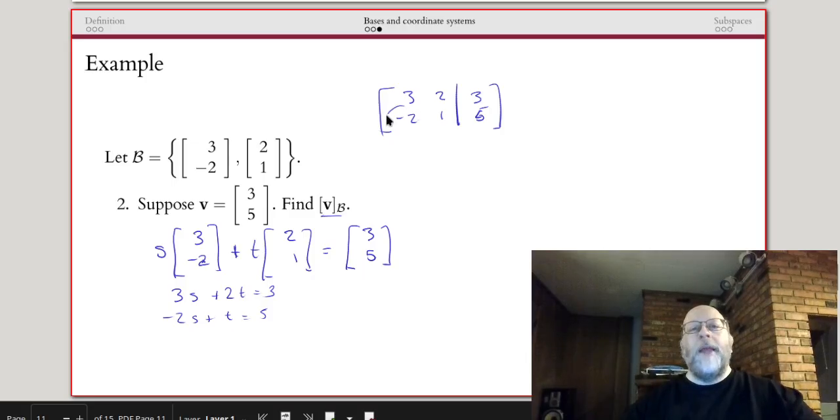We'll need to eliminate this negative 2. So we're going to do row 2 times 3 plus 2 times row 1. That's going to make the 6's cancel.